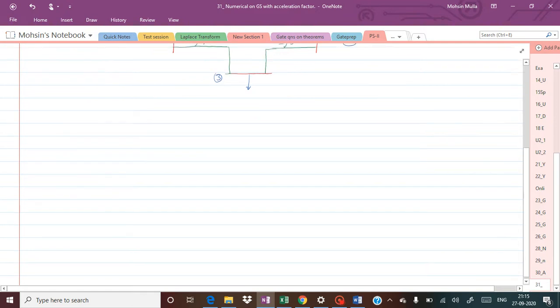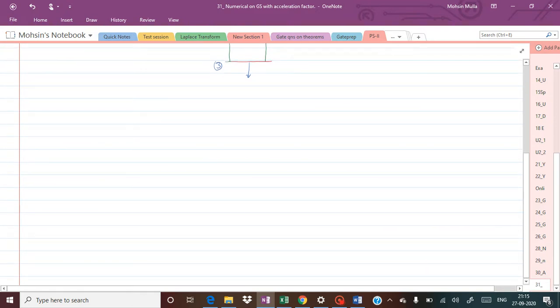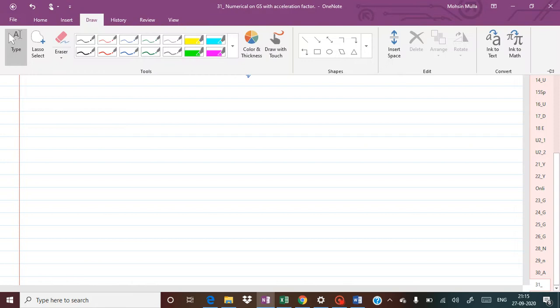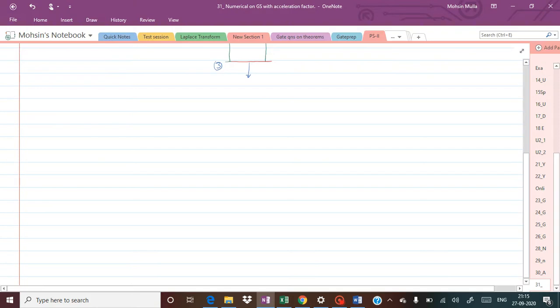Now they have given another table with the other information, so I'll write this table now. Bus number, then what type of bus it is, then generation information, active power and reactive power, both in megawatt.